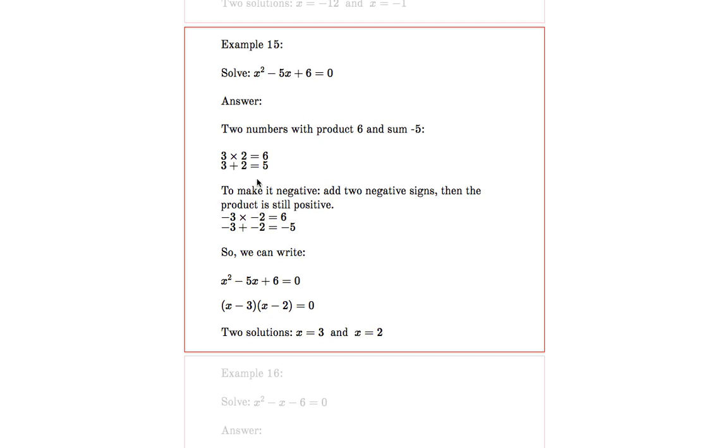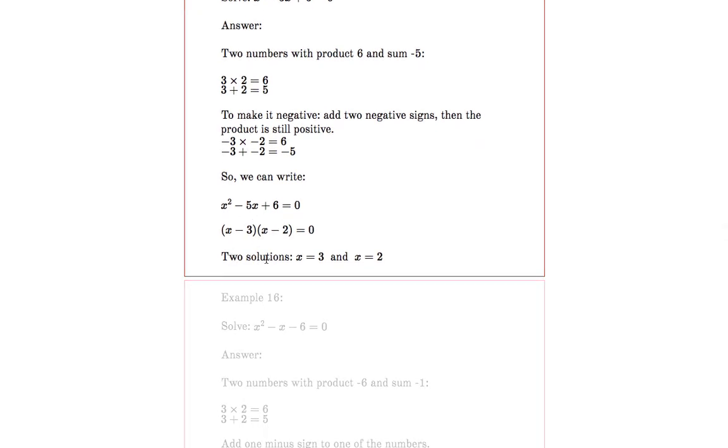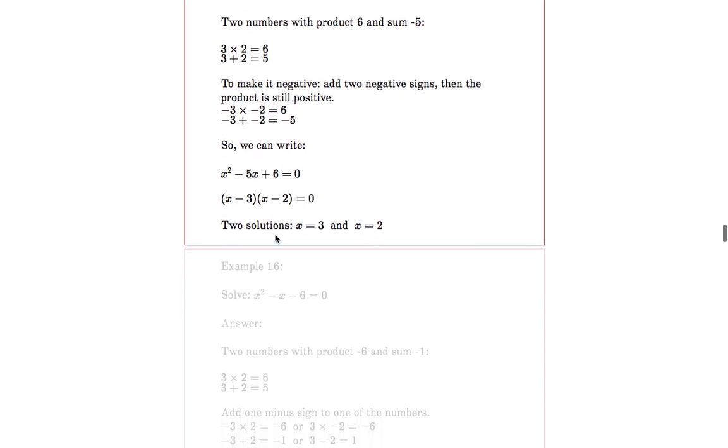So it was almost correct, but we had to add two negative signs. So we found x is 3 is a solution, or x is 2 is a solution.